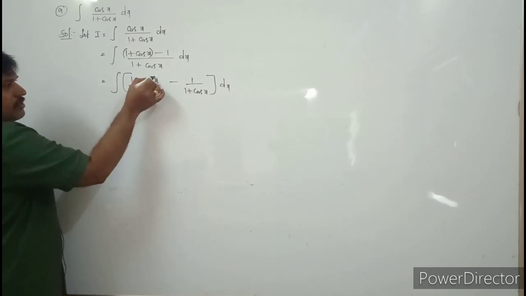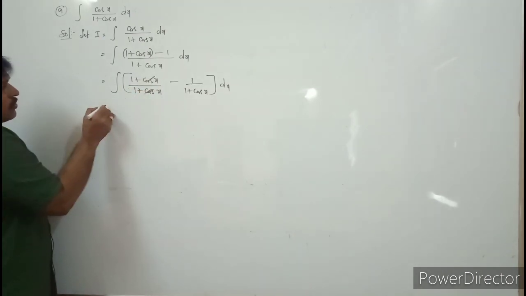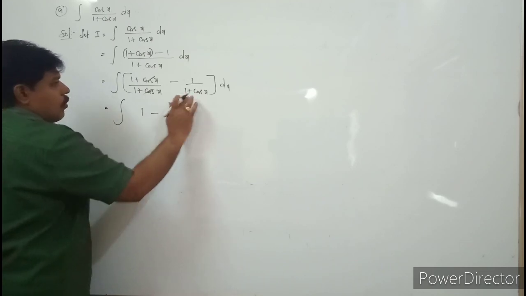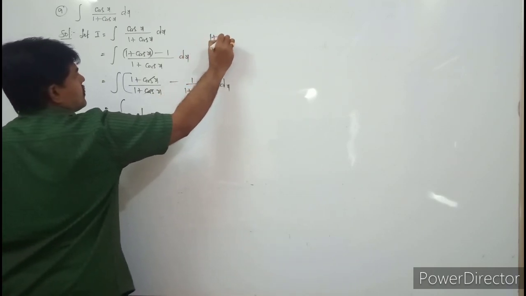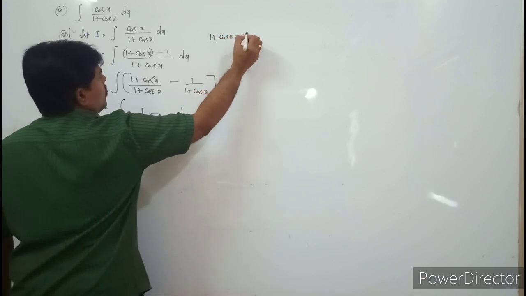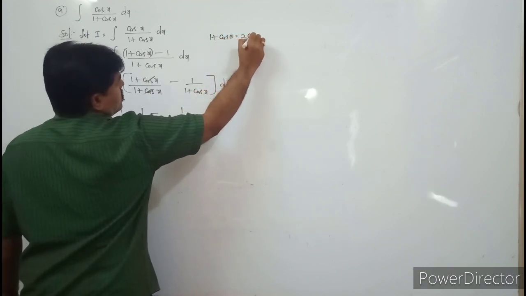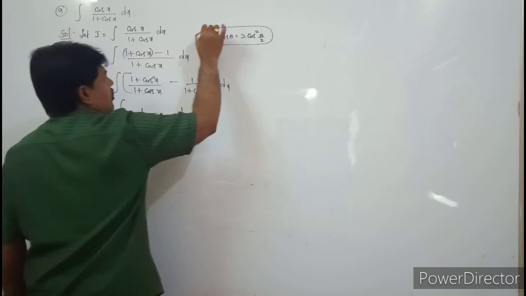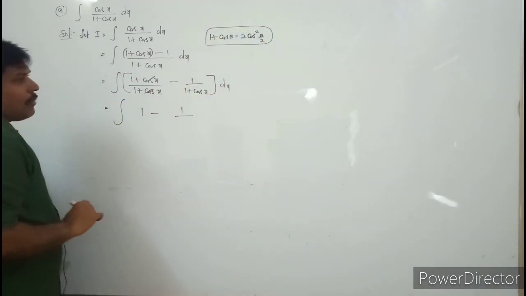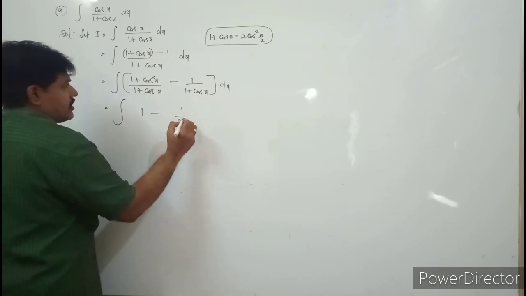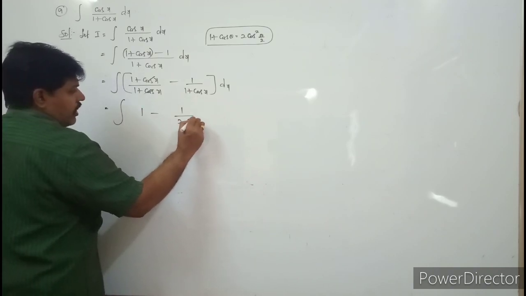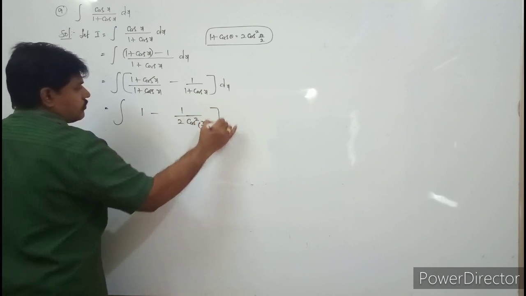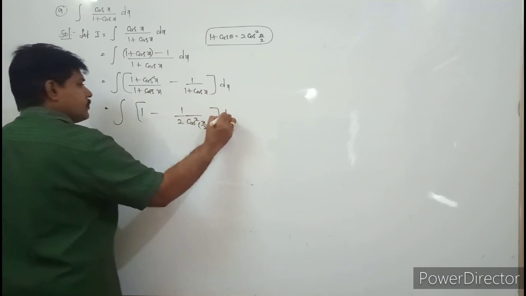So here, these two terms will be cancelled. So that is equal to integral of 1 minus 1 by 1 plus cos x. Once again, an important formula we are going to use here: 1 plus cos x you can write as 2 cos square x by 2, into dx.